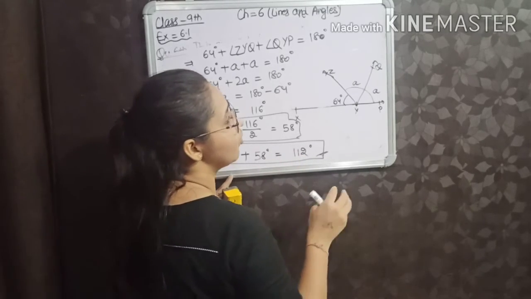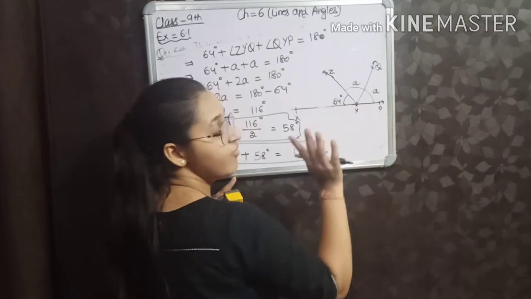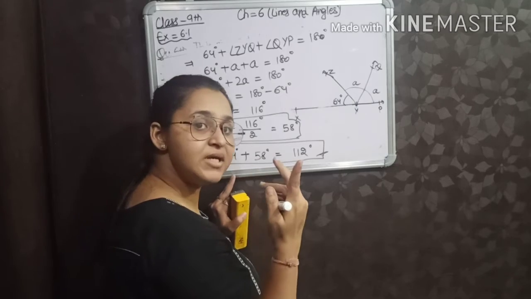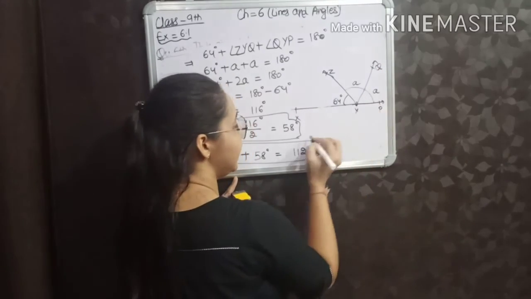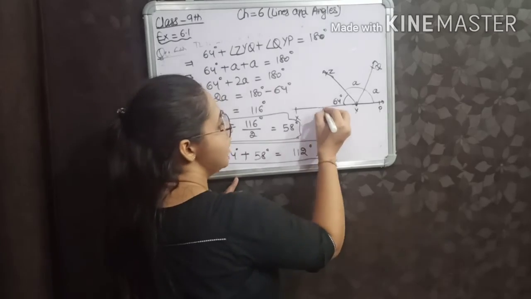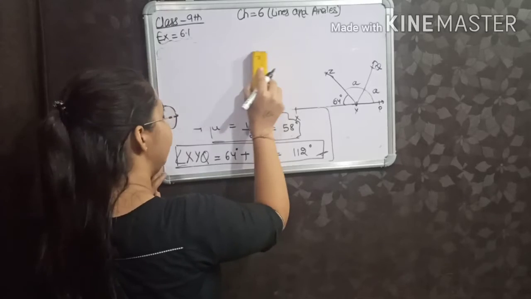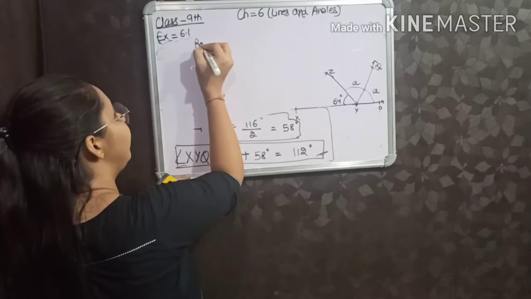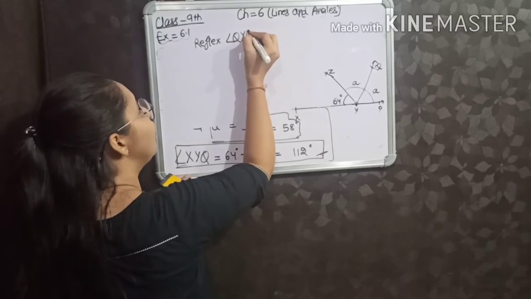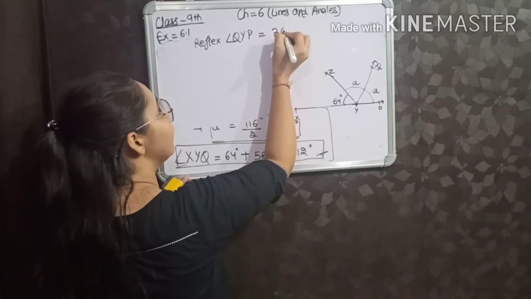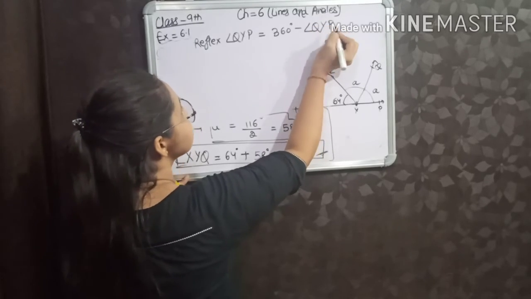Now the next part was reflex angle QYP. First of all, see what is the measure of QYP. QYP is A and A is 58 degree. Now we have to find the reflex QYP, and for finding the reflex, what will you do? You will subtract the value of angle QYP from 360 degree.